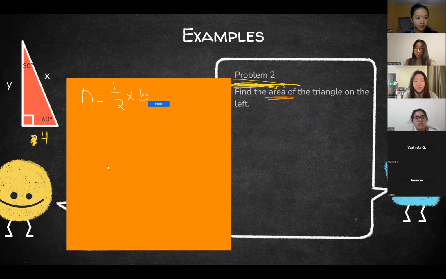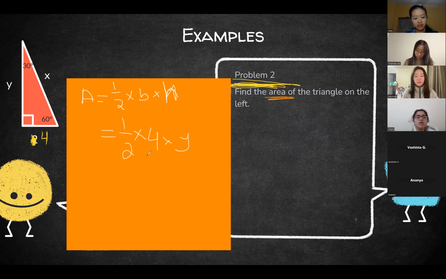So we need to know 1/2 base times height to find area, right? So the base here is 4, so we have 1/2 times 4 times whatever y is, because y is the height. So we only have to find y. We don't care about x, right?